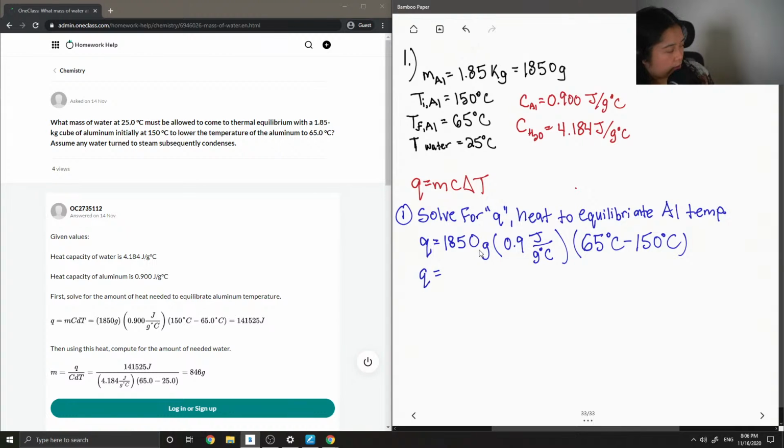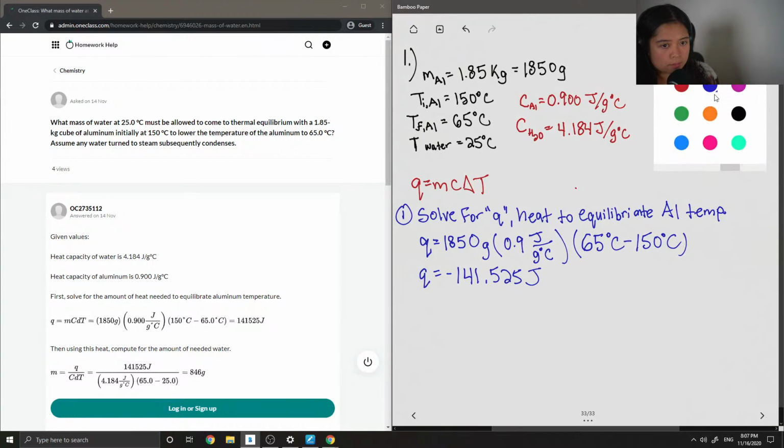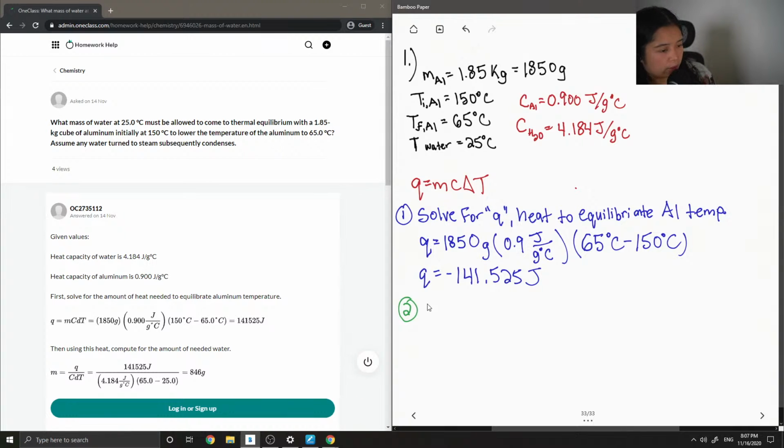If we do all the math, you end up getting negative 141,525 joules. Okay, so this is the heat that is released, and it will be the same with the water as well.